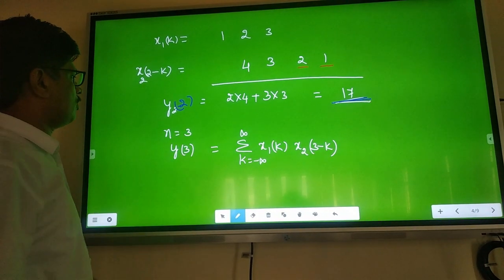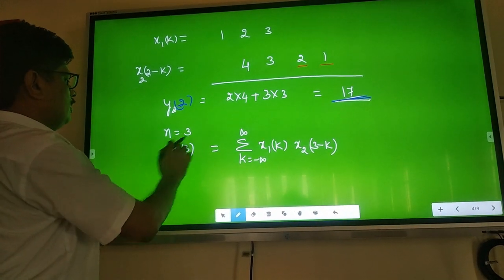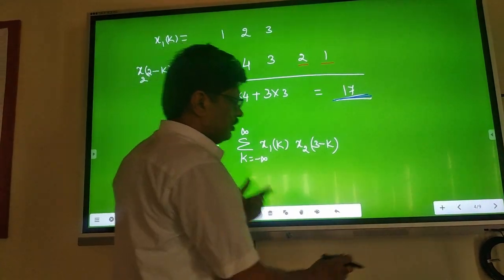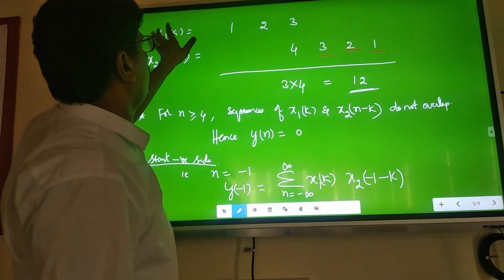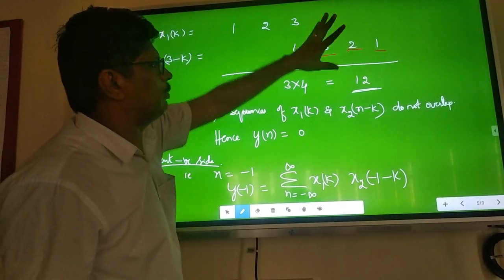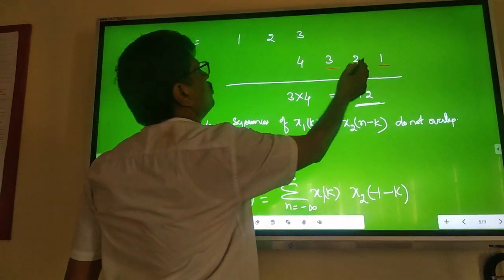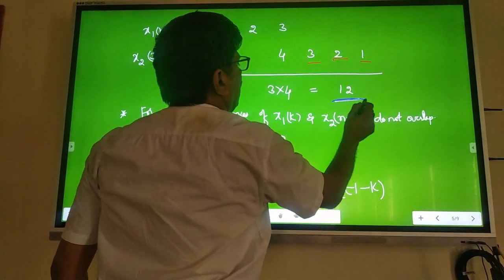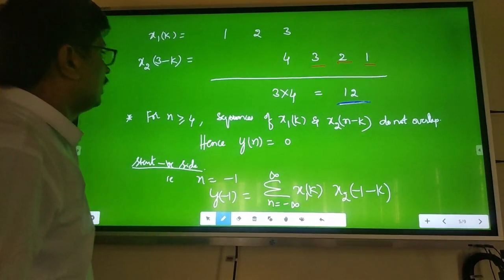Next, n is equal to 3. y[3] is equal to, again, substitute 3: x1[k], x2[3 minus k]. That means one more shift. x1[k] as it is. For x2[3 minus k], shift by one more, that is 4, 3, 2, 1. Now only this will overlap. 3 into 4 will give 12, so the output is 12.